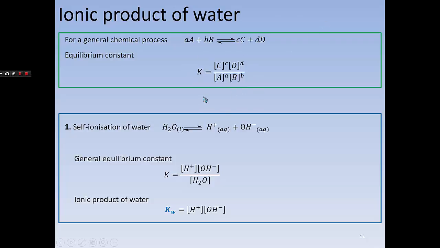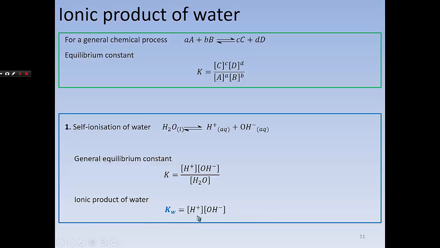The only extra point we need to be aware of for self-ionization of water is that this equation is simplified as the concentration of water is a constant. The modified equilibrium constant in this case is called the ionic product of water, Kw.